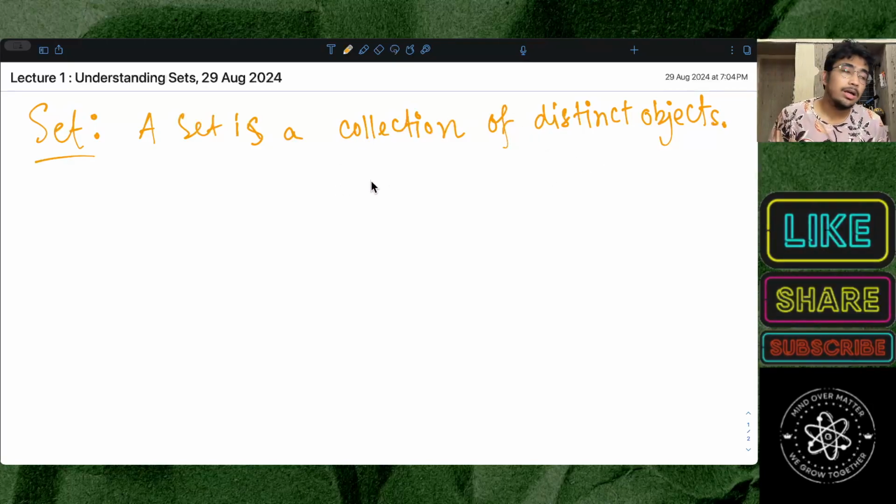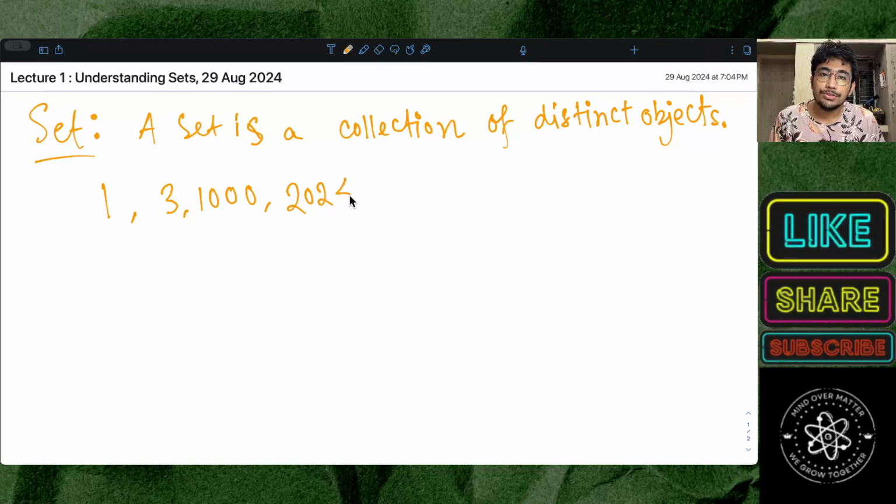Suppose I have collected some numbers: 1, 3, 1000, and 2024. With these four numbers, I can make a set, and by using curly brackets I'm saying that these four elements form a set.